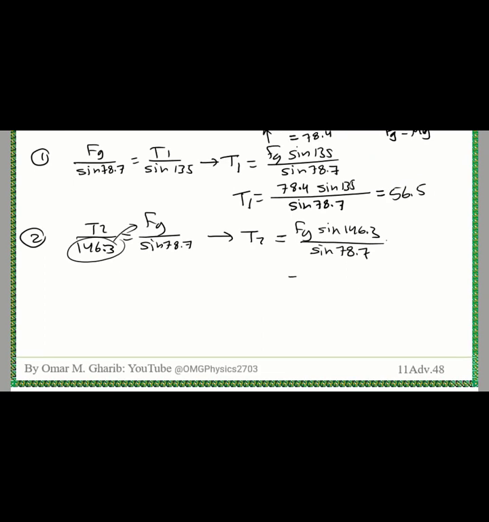Substitute for Fg: 78.4 times sine 146.3 over sine 78.7, which is 44.4.